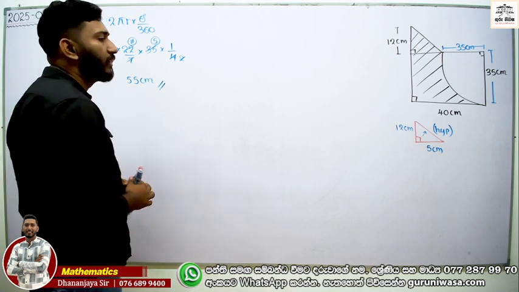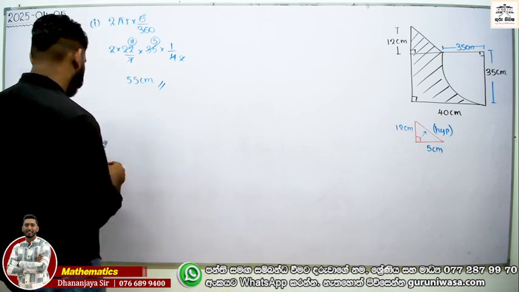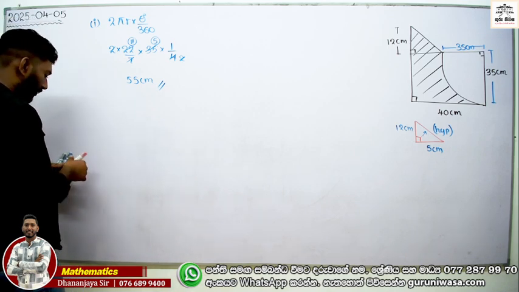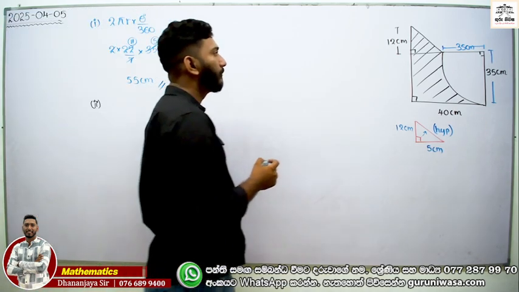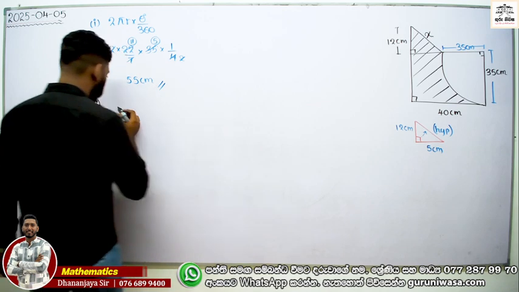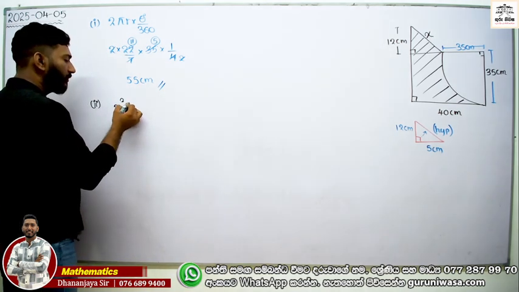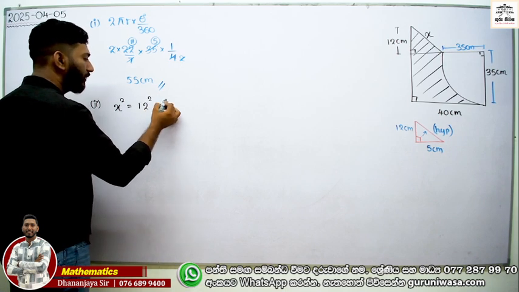12 squared plus 5 squared and square root of it. Let me take it as x. Therefore, x squared is equal to 12 squared plus 5 squared.